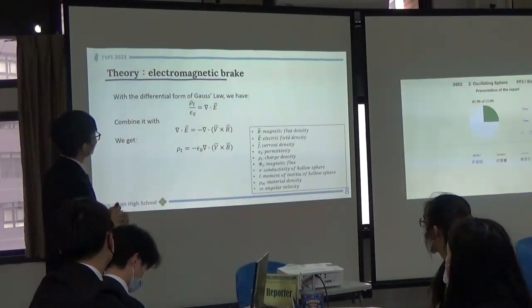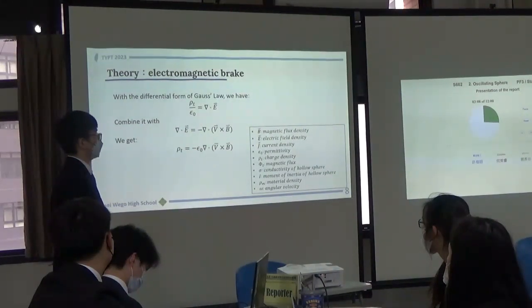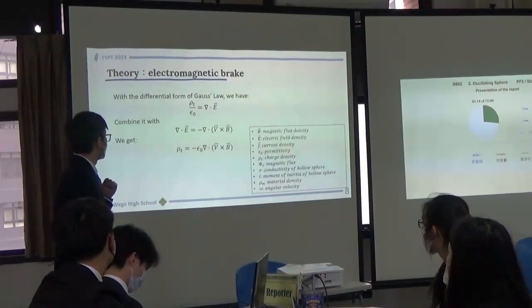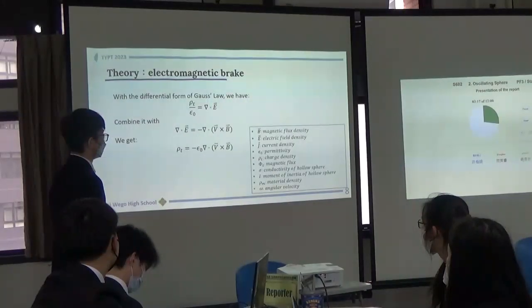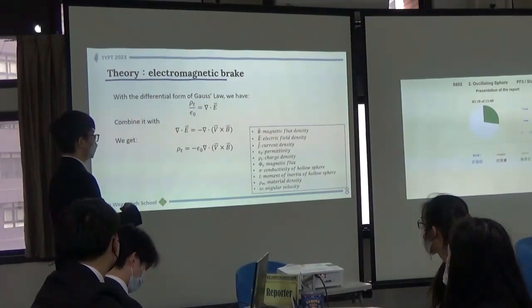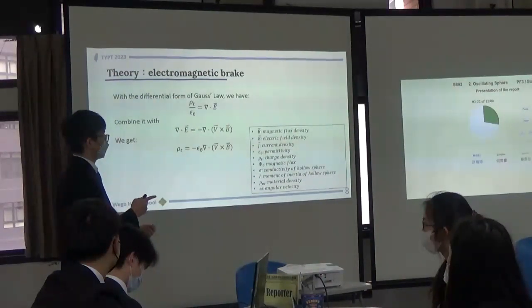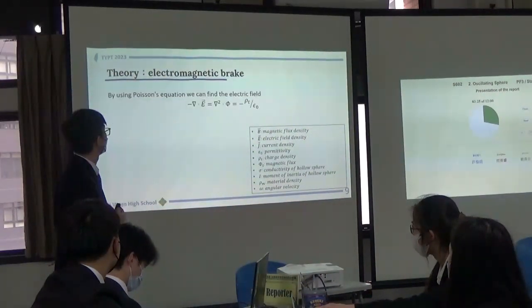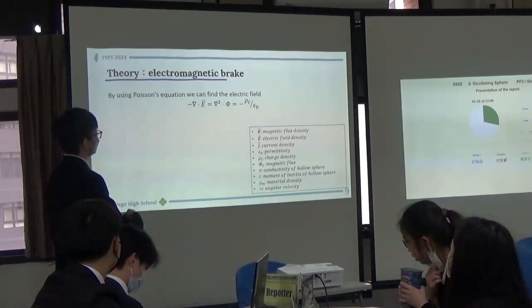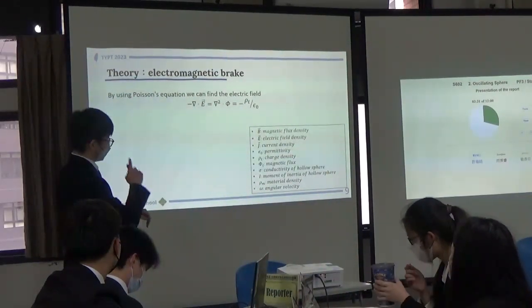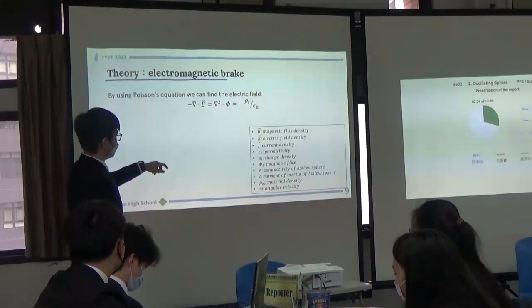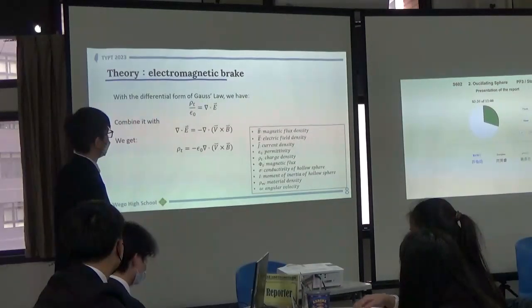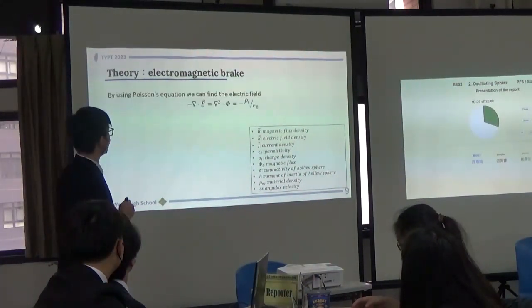Next, with the differential form of Gauss's law, the charge density divided by the permittivity equals the divergence of the electric field. Combined with the equation from the last page, the charge density equals negative permittivity times the divergence of the velocity crossed with the magnetic flux density. By Poisson's equation, we can find the electric field, which, if you observe, is actually the same as the differential form of Gauss's law, like this equation here.